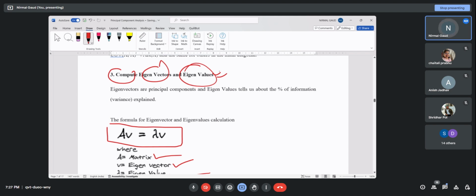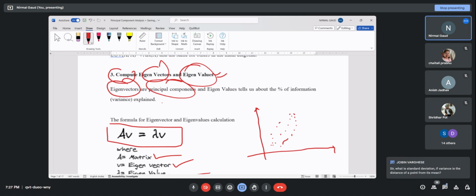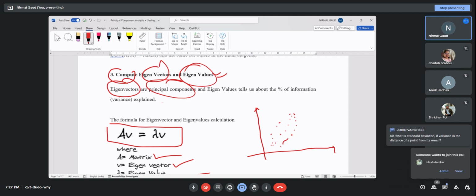What do they mean? Sir, what is this, what do they do? The eigenvectors are the principal components. Okay, you already have the data available in your space. Now I want to show that data along some different axis.